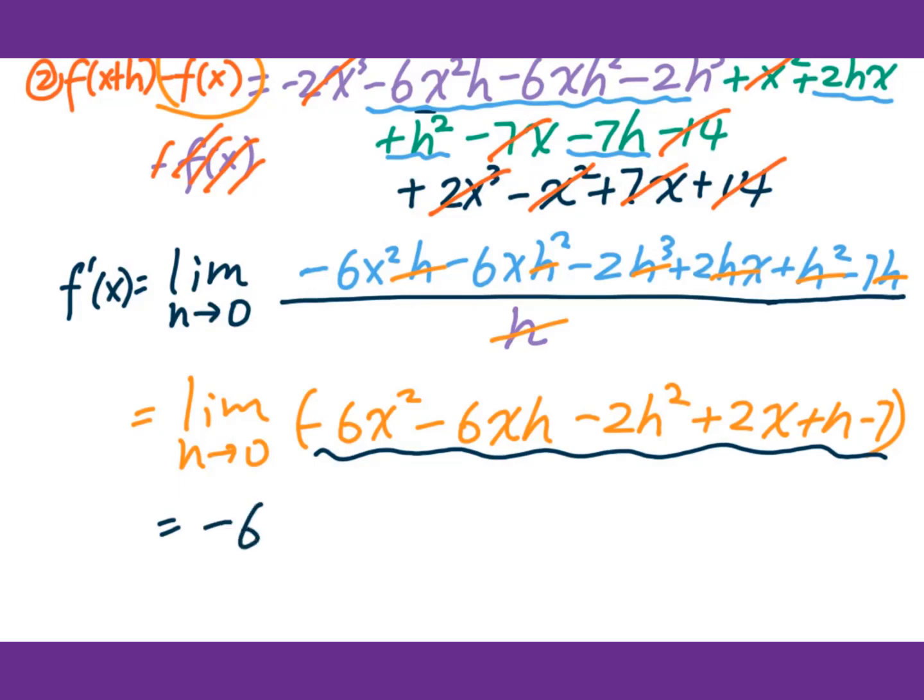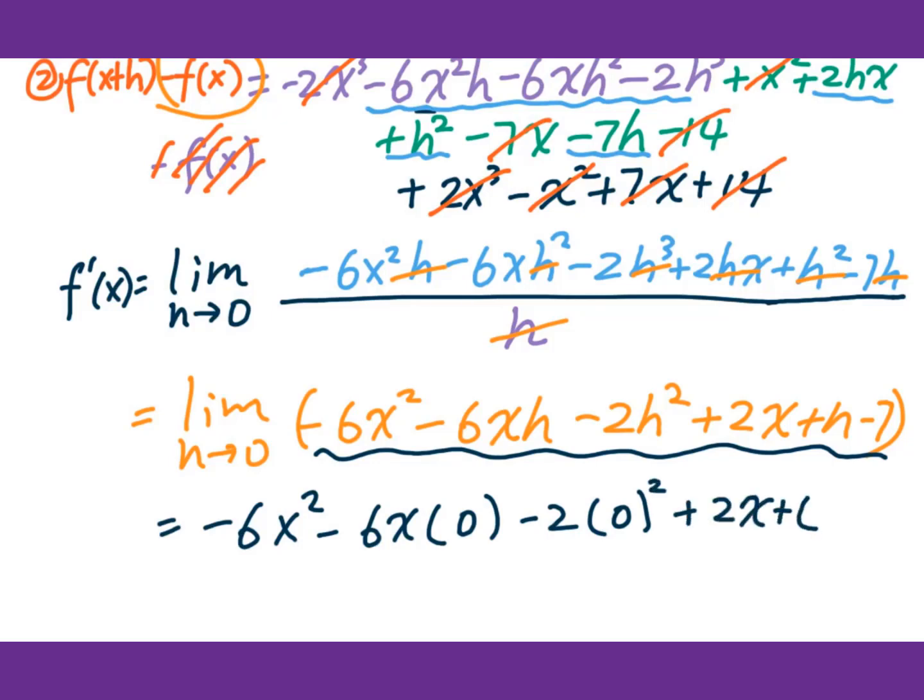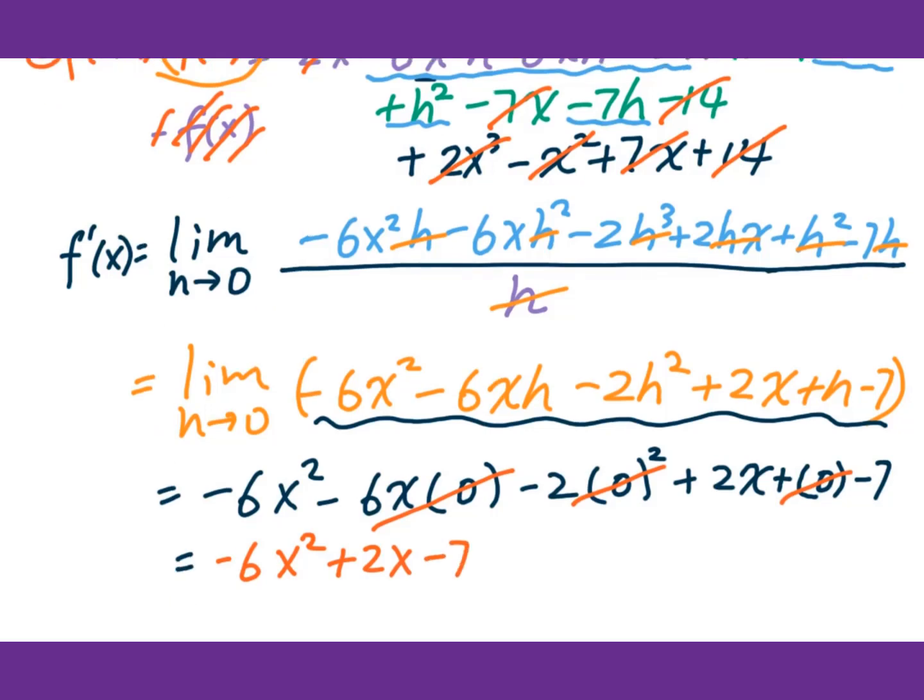So you will get negative 6x squared minus 6x times 0 minus 2 times 0 squared plus 2x plus 0 minus 7. The zero terms are gone. What's left? Negative 6x squared plus 2x minus 7. This will be the derivative for the cubic function.